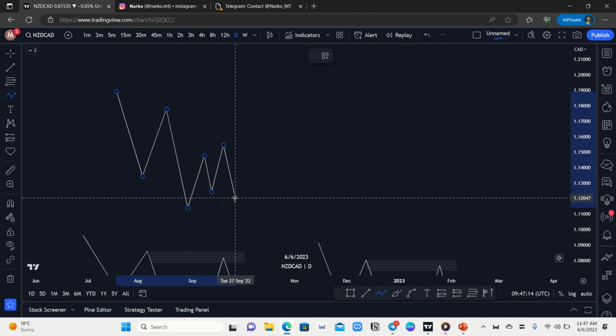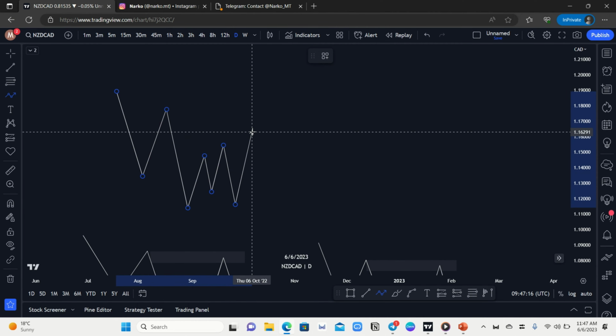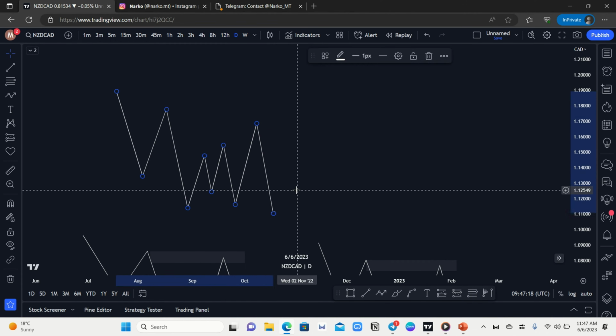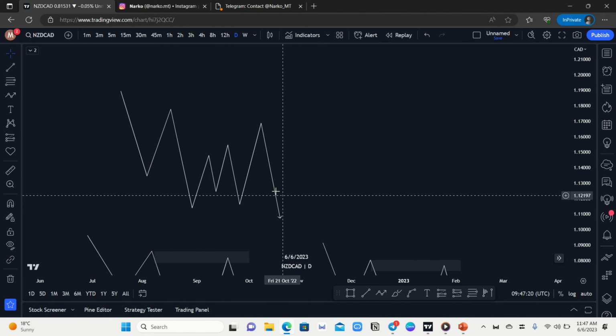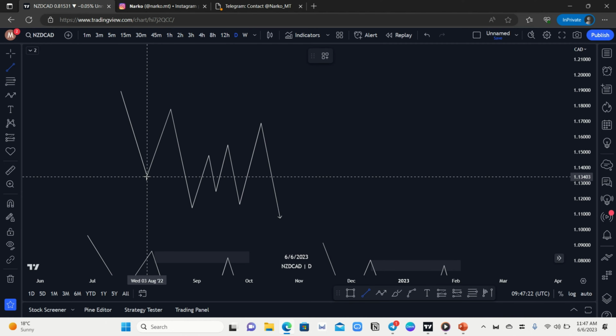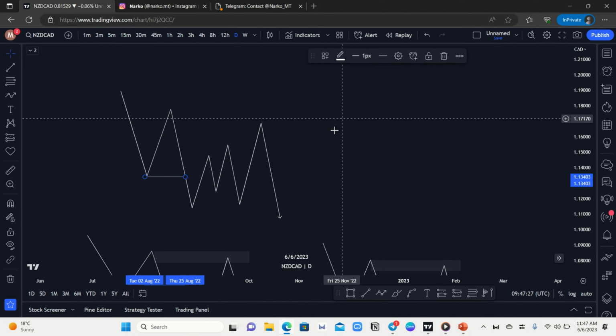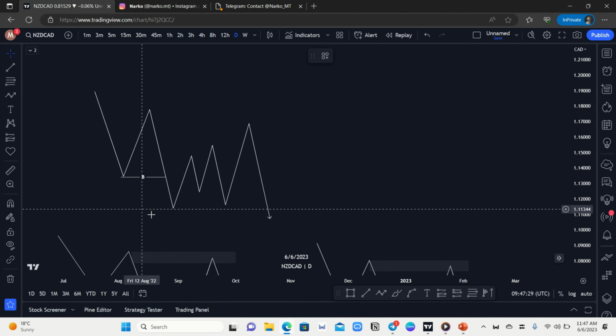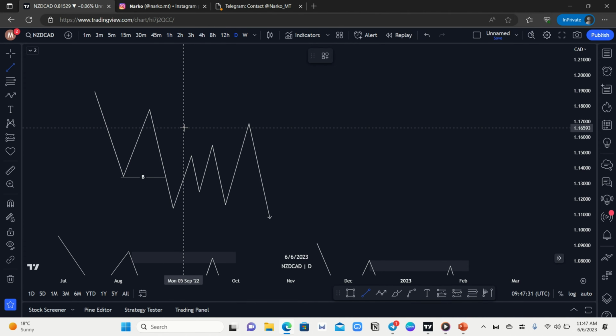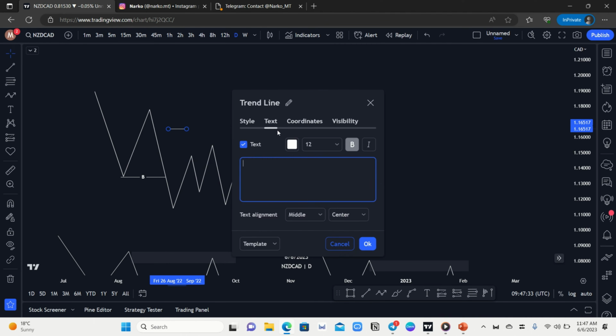Price does this. Obviously here this is going to be your break of structure, and here you find that there is imbalance or IPA.